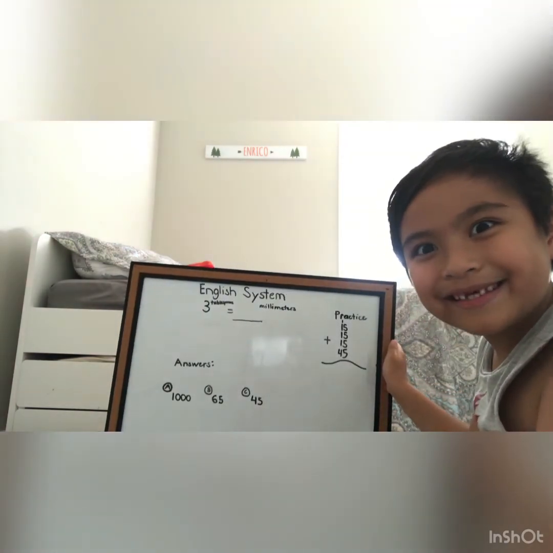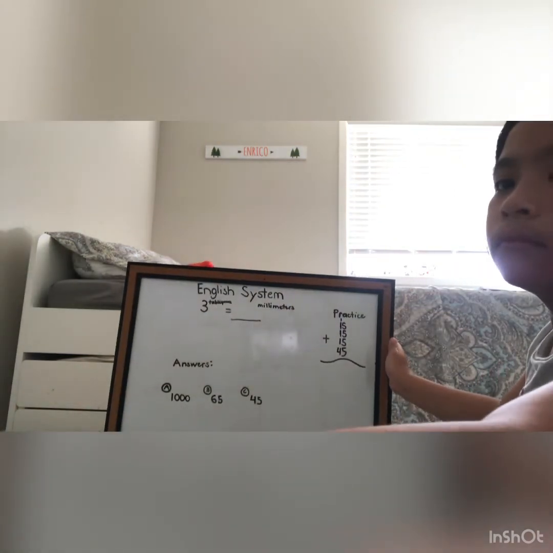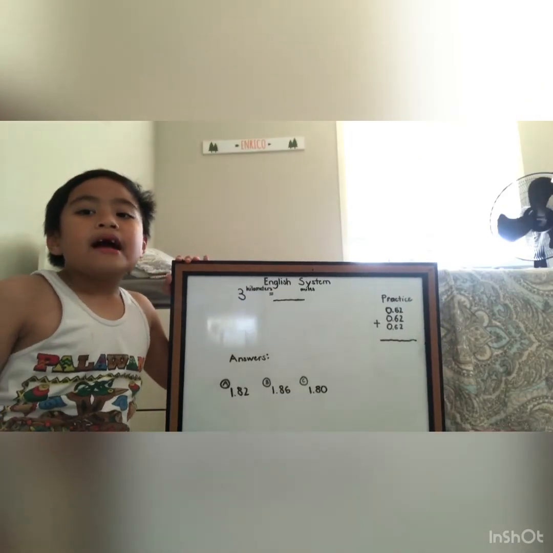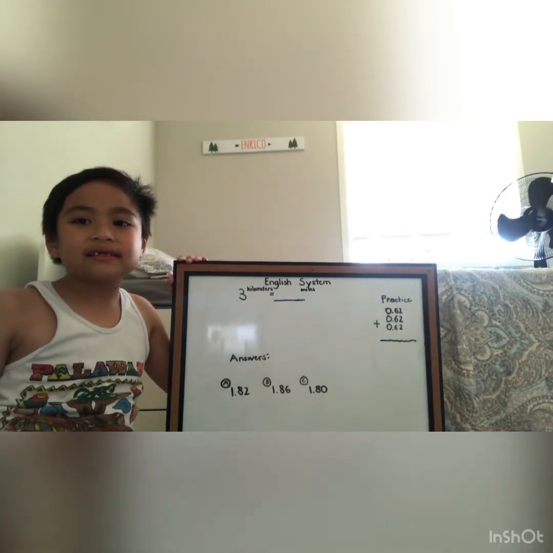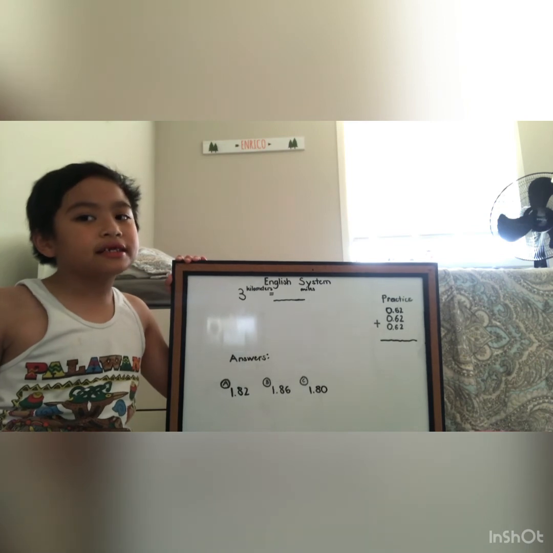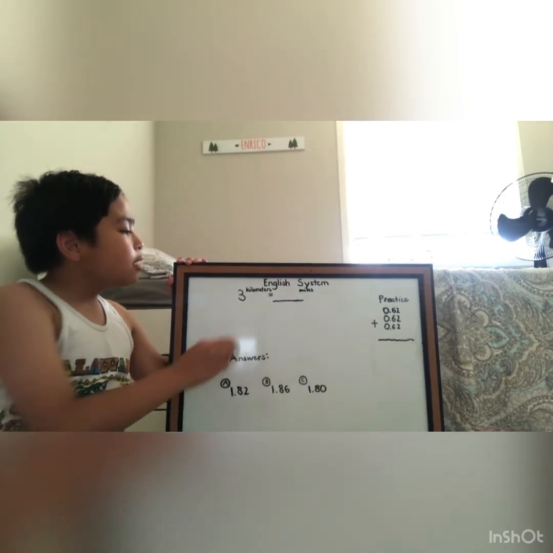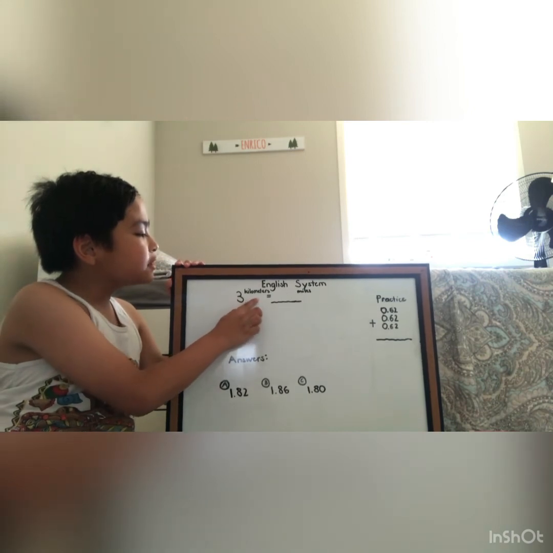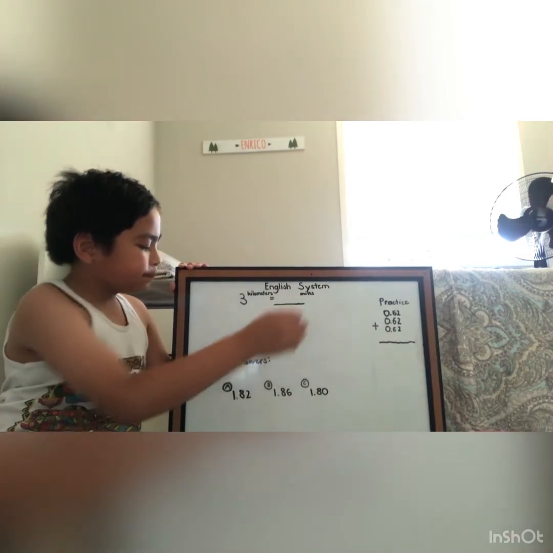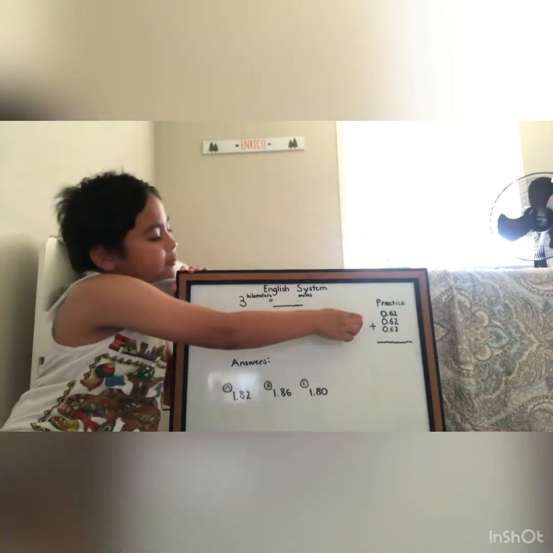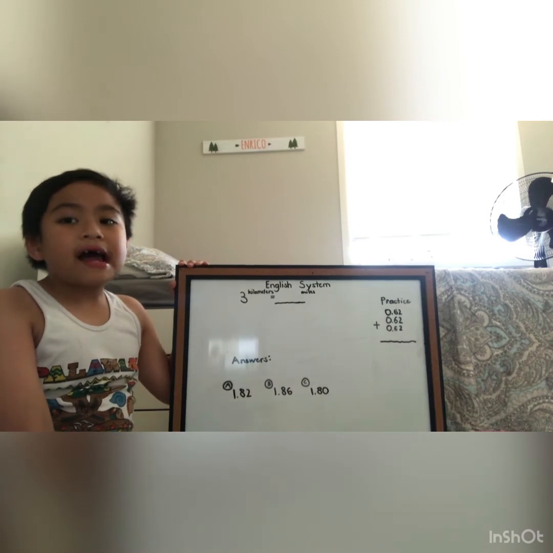Now for distance. So now we are at our last one, distance, in the English system. Here's the question. 3 kilometers equals something miles. Here's the practice if you need, but here are the answers.